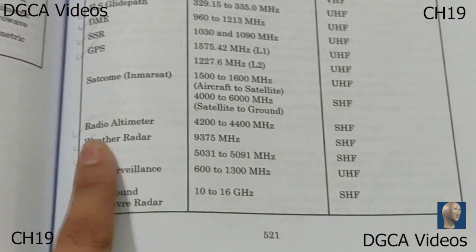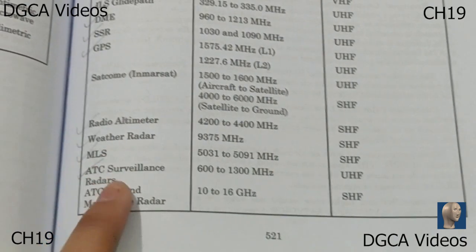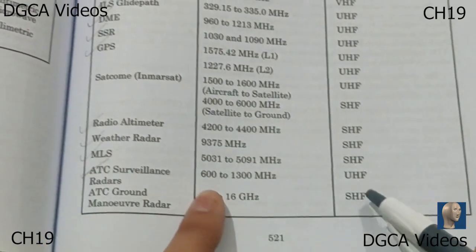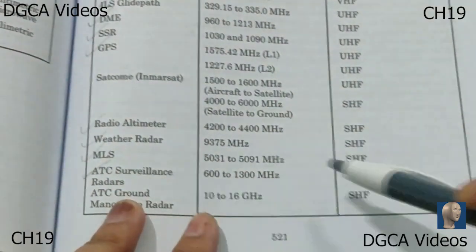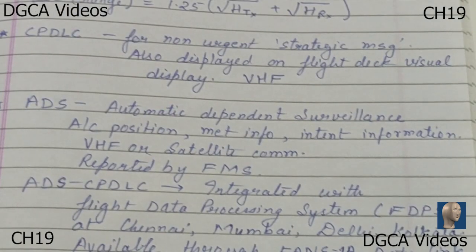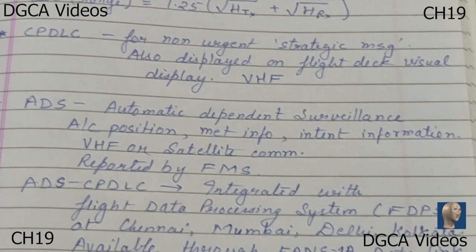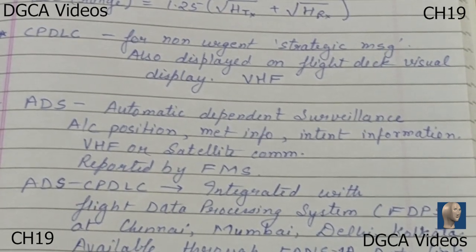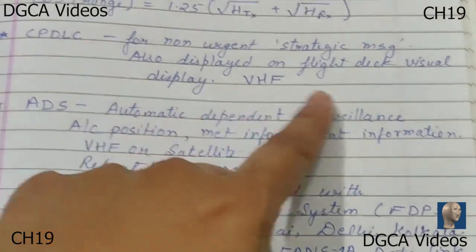A few more. Radio altimeter, weather radar, MLS and ATC surveillance. Except ATC surveillance radar, all these work in SHF, and ATC surveillance radar works in UHF frequency. The end portion, CPDLC and ADS, is left. CPDLC, as I told you, is controller pilot data link communication, for non-urgent strategic messages.